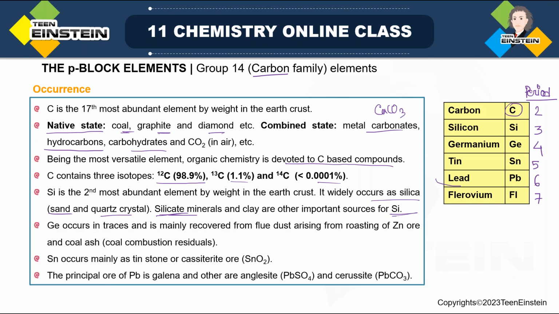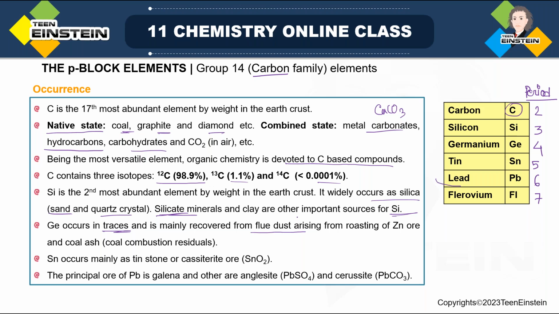After silicon, we have germanium, tin, and lead. So germanium occurs in traces, mainly recovered from flue dust. So flue dust is basically finely divided metals or any metallic compounds that escape from a metallurgical furnace, right?